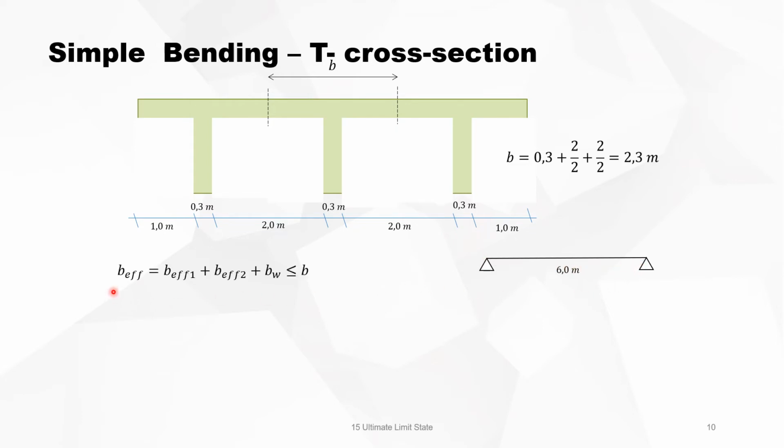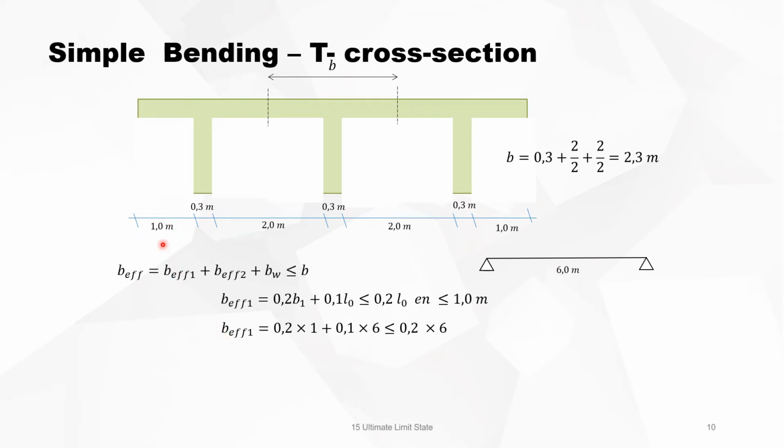The effective width is the left side of the effective width plus the right-hand side plus the width of the web, and it must be smaller than the b that we calculated here. So on the left-hand side we have 0.2 b1 plus 0.1 L0, and it must always be smaller than 0.2 L0, and it must also be smaller than 1 meter because of this.